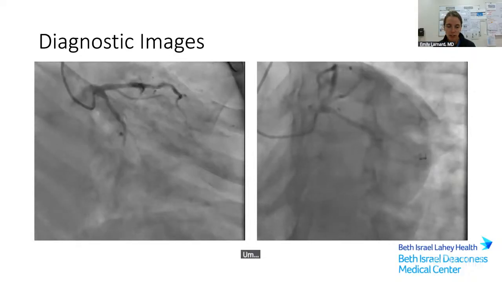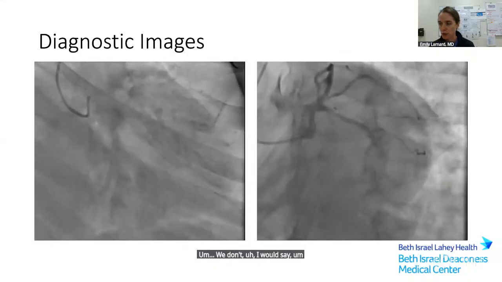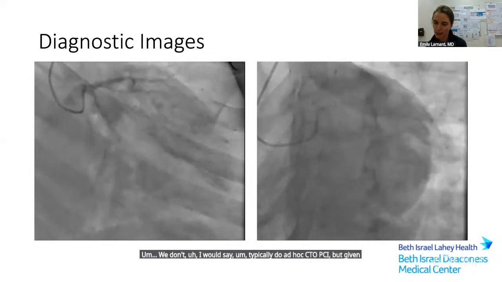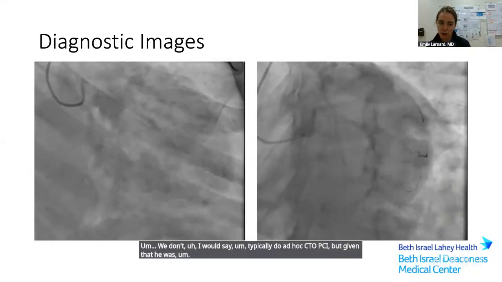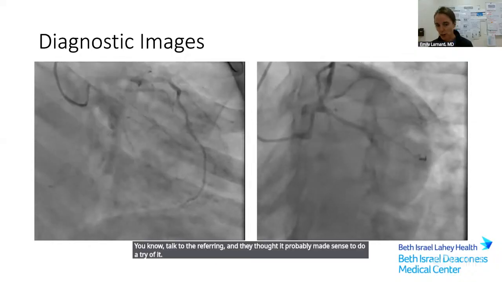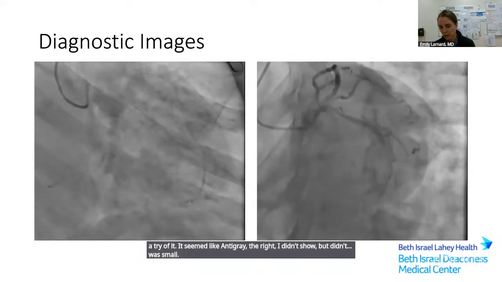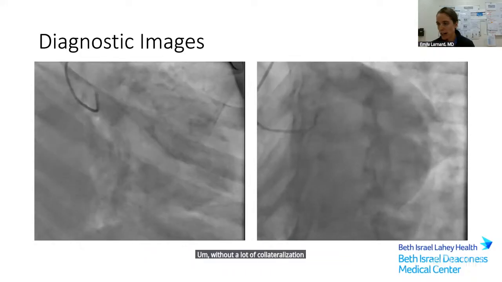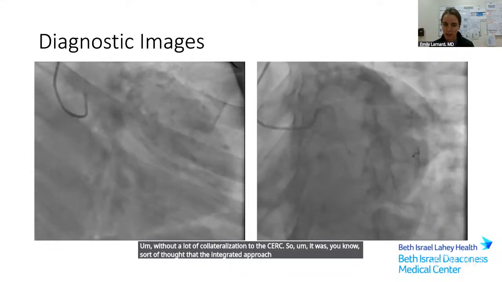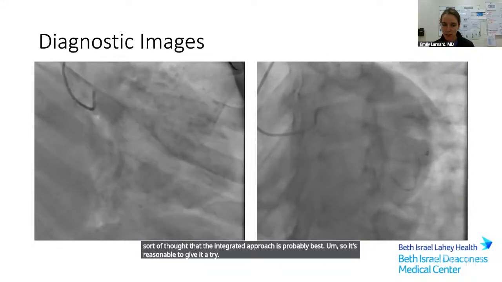We don't, I would say, typically do ad hoc CTO PCI, but given that, we talked to the referring and they thought it probably made sense to do a try of it. It seemed like antegrade, the right, I didn't show, but was small, without a lot of collateralization to the circ. So it was thought that the antegrade approach was probably best. So it's reasonable to give it a try in this setting.